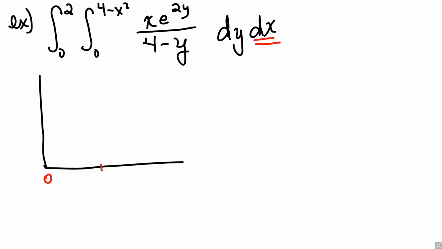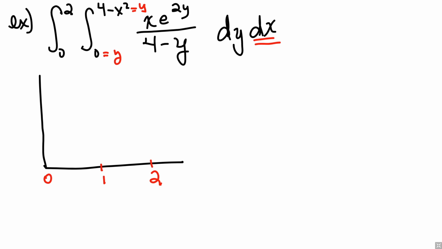So we're going to have 0, 1, and 2. For the other one, this is y equals. So we're going from 0 up along the curve.